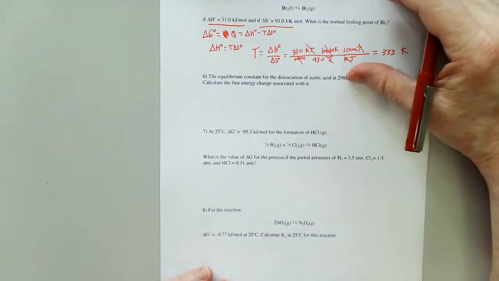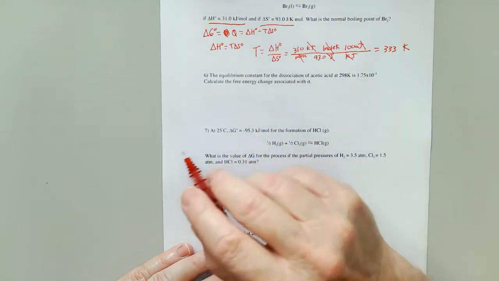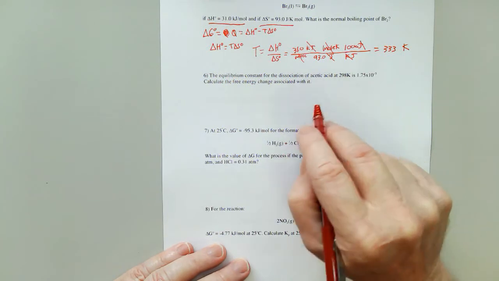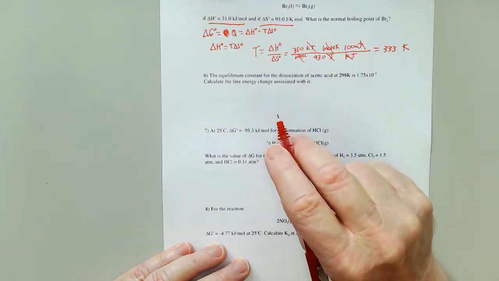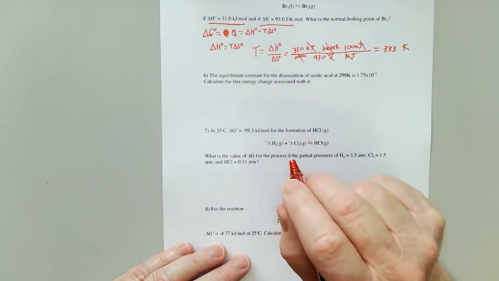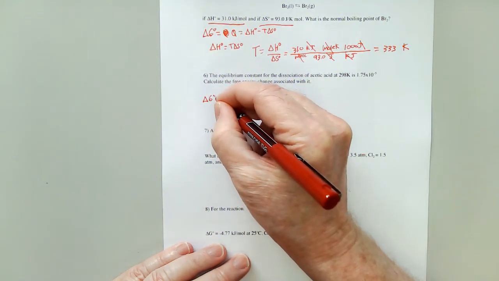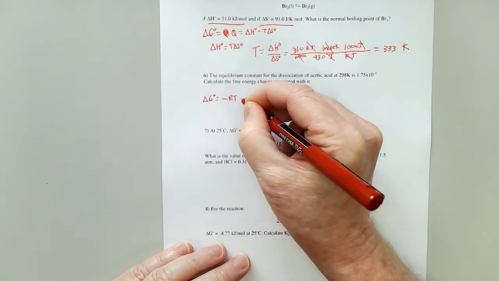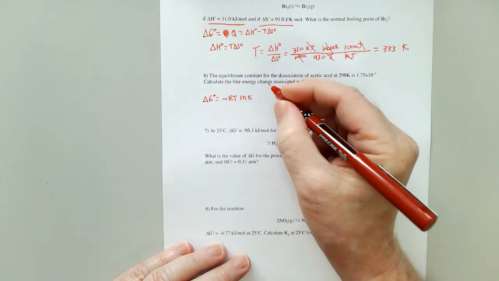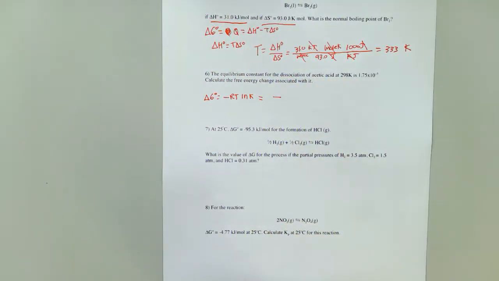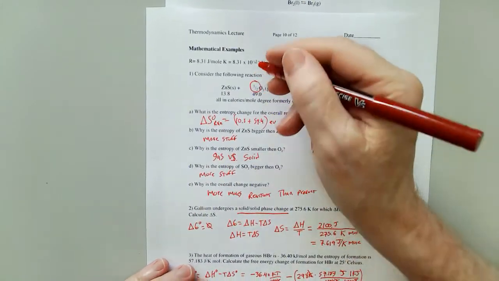Okay, now switching gears. Different type of question. The equilibrium constant for the dissociation of acetic acid at 298 K is 1.75 times 10 to the negative fifth. Calculate the free energy change associated with it. Okay, delta G naught equals minus RT ln K. Now, if I go back one page, I can actually locate the different values of R depending upon what unit.